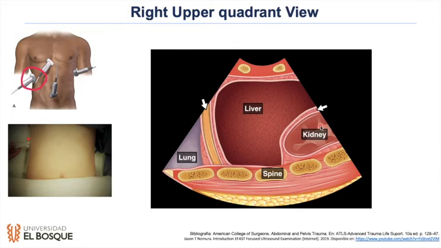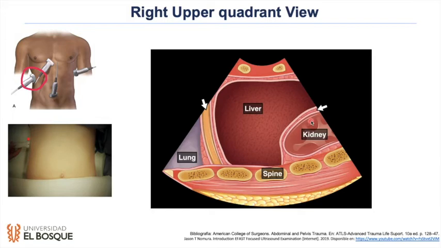So what are you going to look at here when you are doing the exam? Mainly this recess here that is between the liver and the kidney. This is the hepatorenal interface, also known as Morrison's pouch. And this recess has been shown to be the most common region in which hemoperitoneum is detected during the FAST exam.